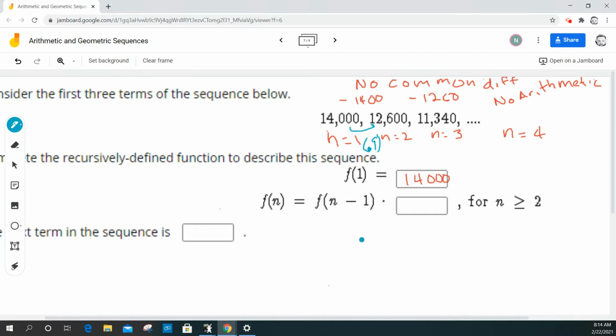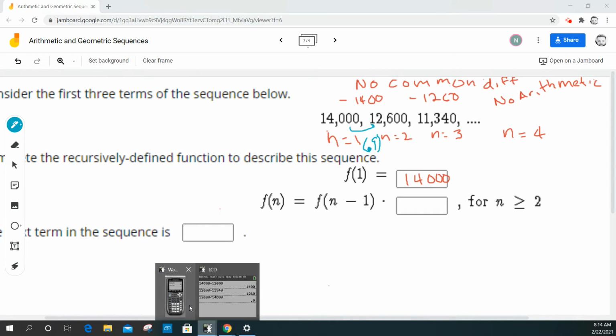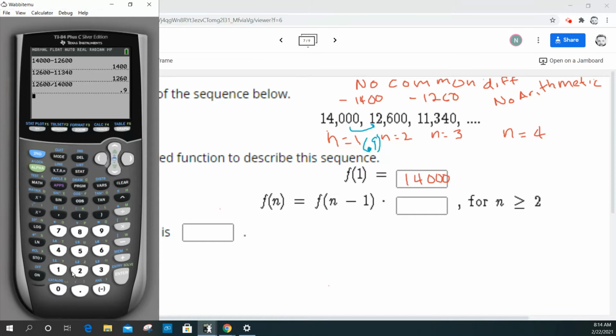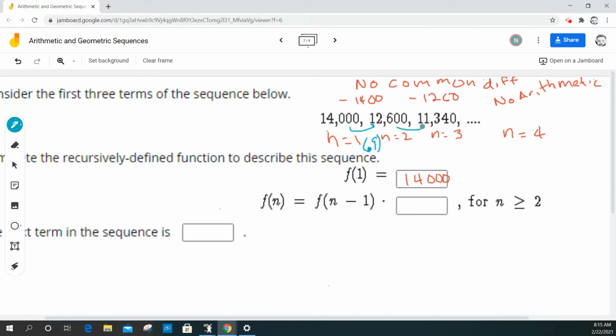Well, if it's a true geometric sequence, then I should get 0.9 when I take 11,340 and divide that by 12,600. Okay, so it's a true geometric in the sense that to get the next term, I'm multiplying the previous term by 0.9.